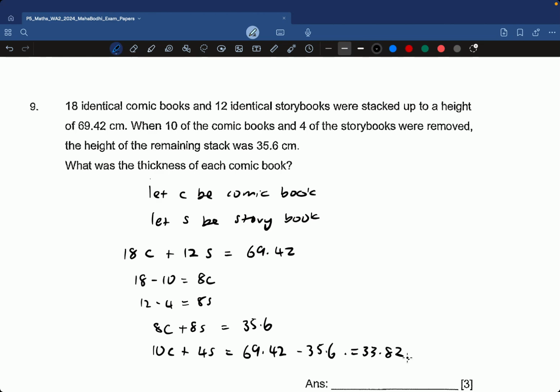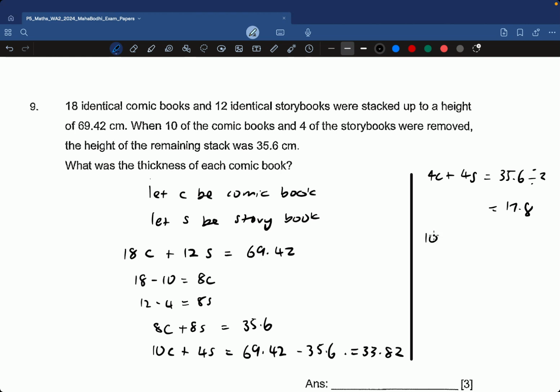The thing is that we can also have 4 of each to be removed. How we do that is we can divide: 4C plus 4S, which is the 8C plus 8S equal to 35.6, divided by 2, gives us 17.8.